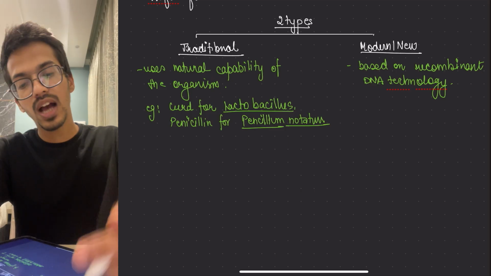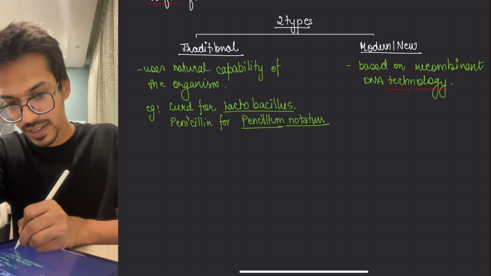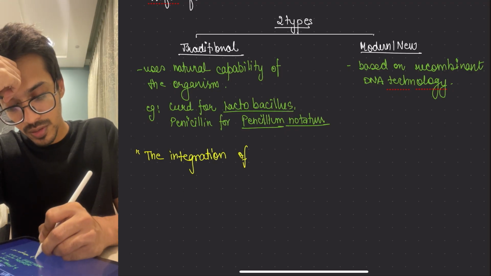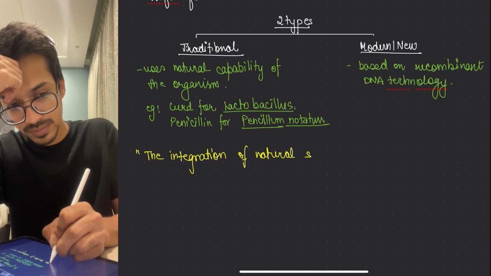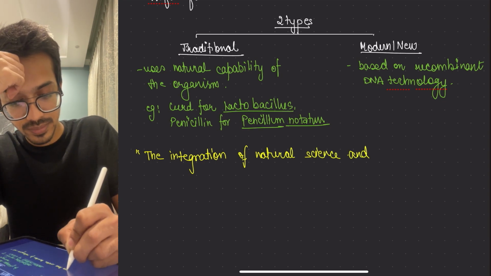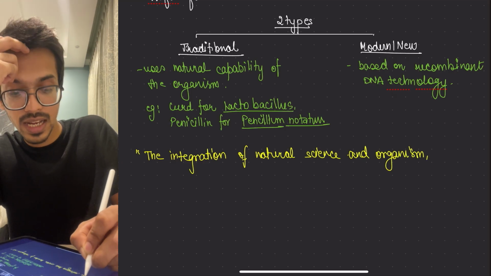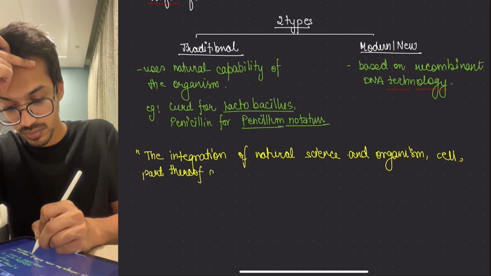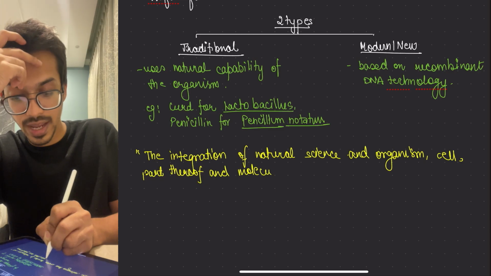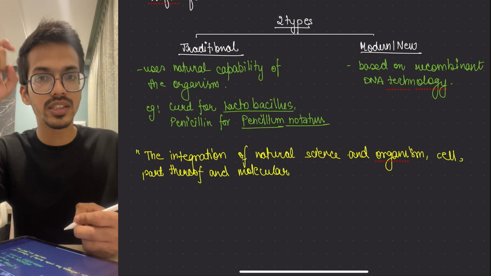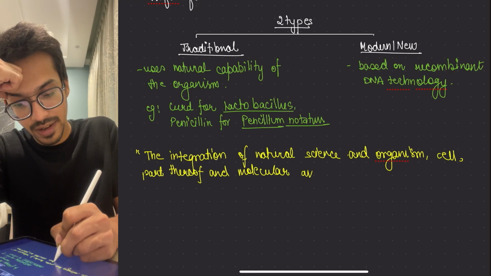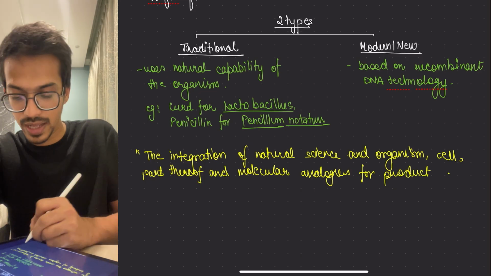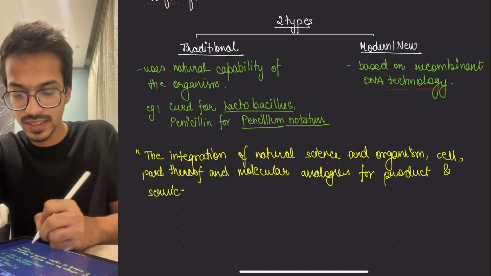Now if someone asks what would be the definition of it, we will write: the integration of natural science and organism, or the part or the cell of an organism, even the molecular analogs, like your DNA being recombinant, so we are using a certain part of the DNA, for product and service. Nothing else, just the fancy way of telling this thing.